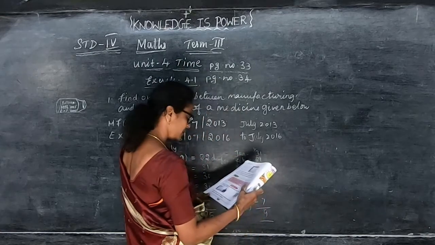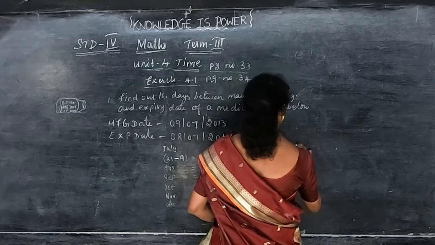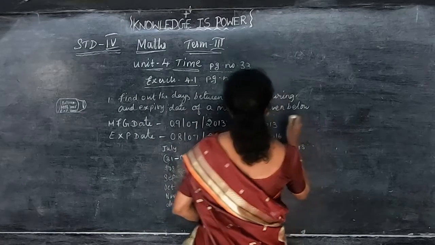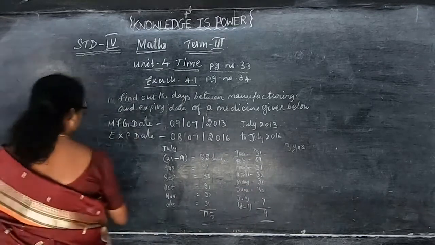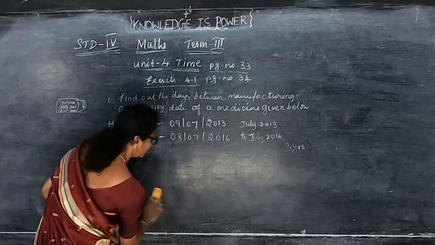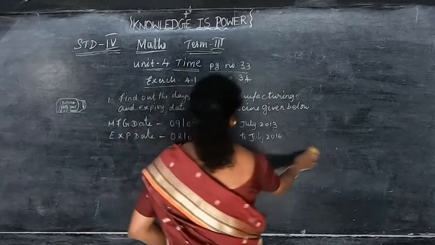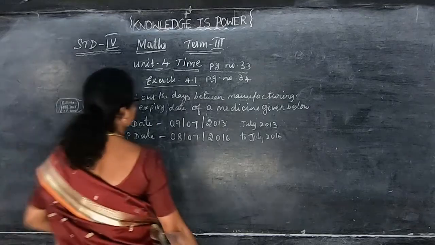Which year is it? Actually it will come to 3 years. So July to July, 3 years you can use this medicine. You don't need to put the days at all. So 2013, 2014, 2015, 2016.